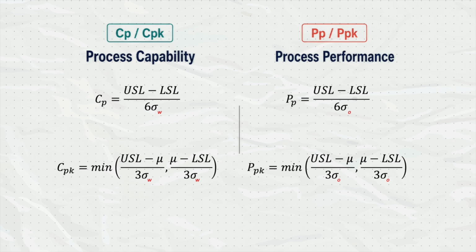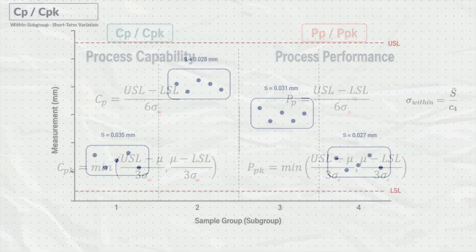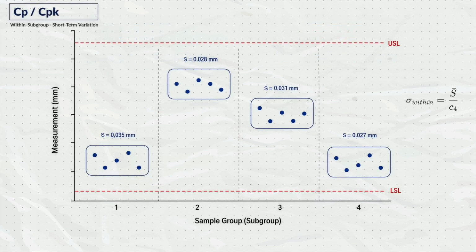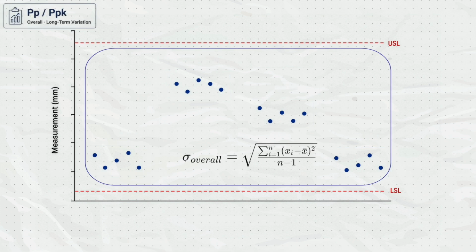If you've understood this part, the process performance metrics will be much easier to understand. For Pp and Ppk, we calculate the standard deviation using all measurements together without separating them into subgroups. This means every source of variation that occurs over time contributes to the sigma calculation. As a result, Pp and Ppk answer the question, how is the process actually performing over time?